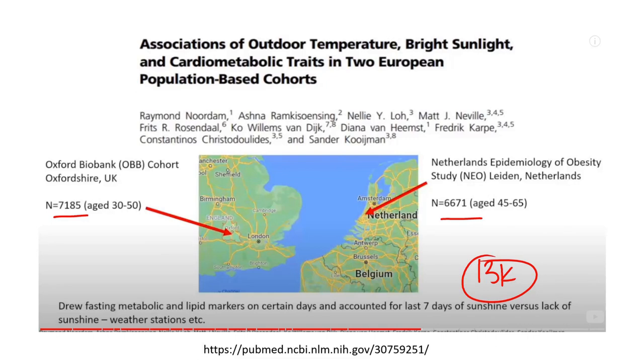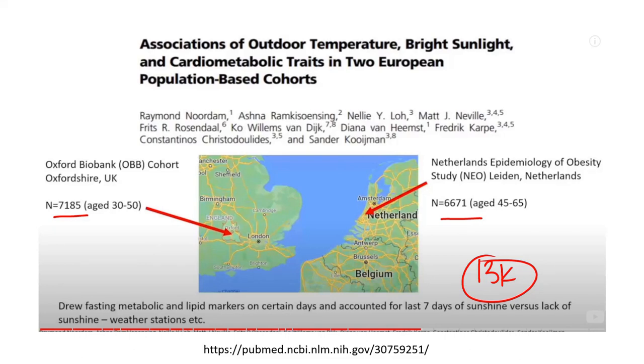And what they did was they tested their blood on a particular day all throughout the year. But with each subject that came in, they looked at the weather report for the previous 7 days, and they noted how many half days of sun there were in the previous 7 days.